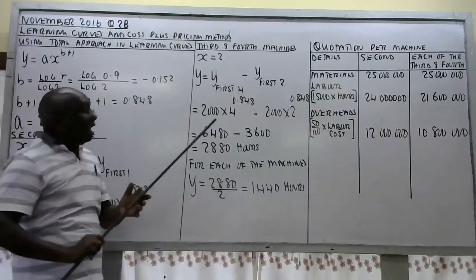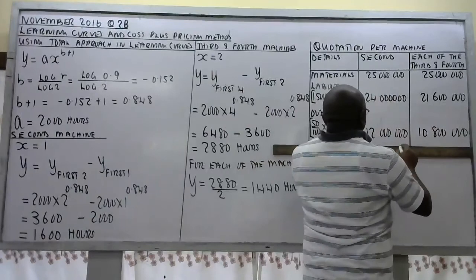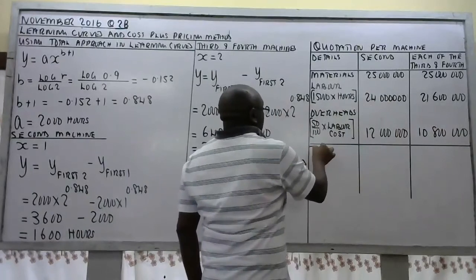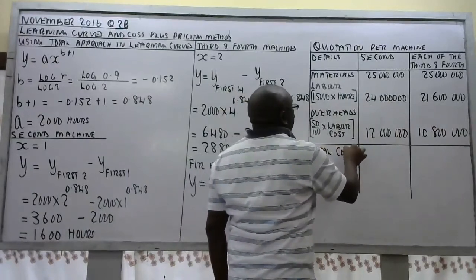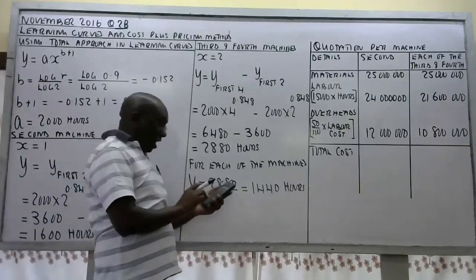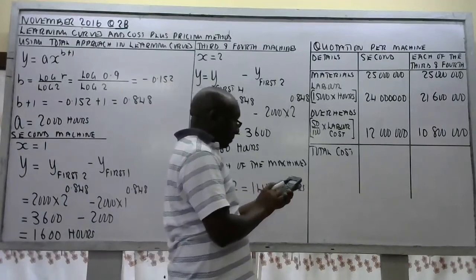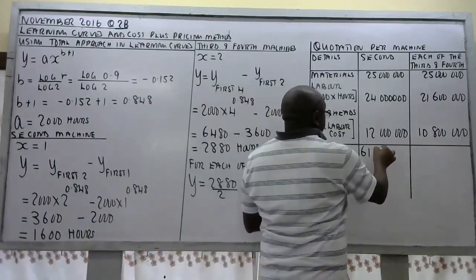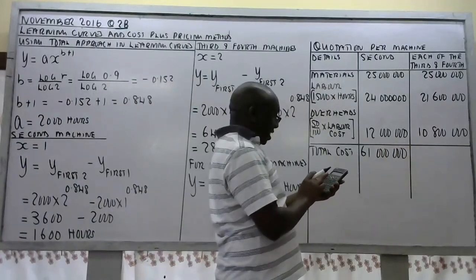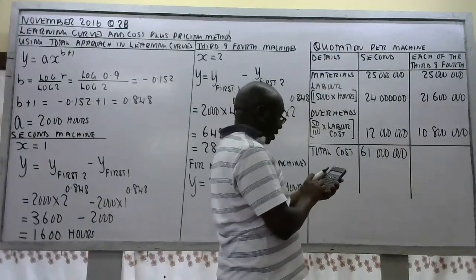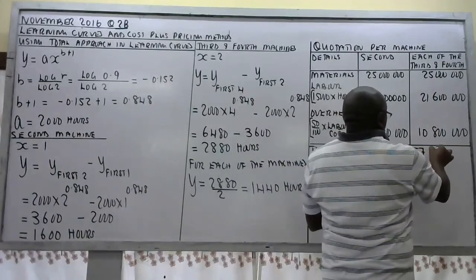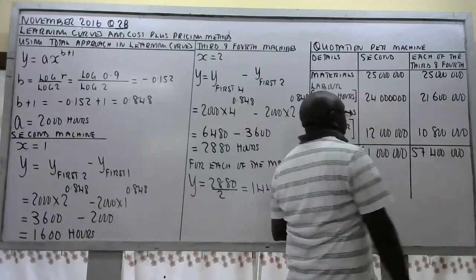So that will afford us something called total costs. These total costs should be 25 plus 24 plus 12, is 61 million. Then 25 plus 21.6 plus 10.8 is 57 million 400,000.